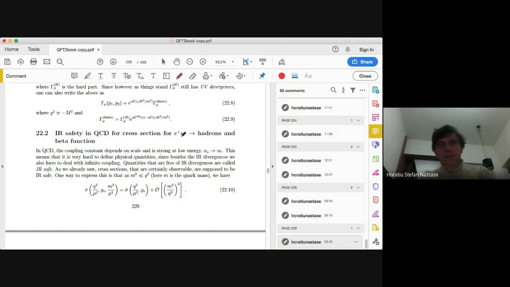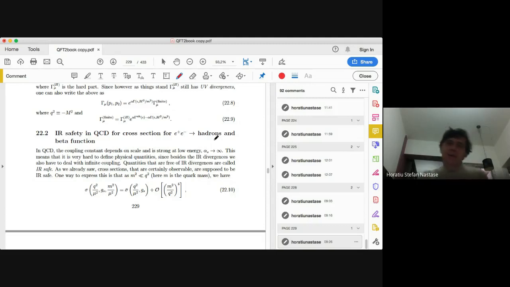And specifically, because of A, simplicity, B, we want to compare with a QED calculation, and C, because it's experimentally relevant, we consider the process of e plus e minus, electron positron, going to hadrons.